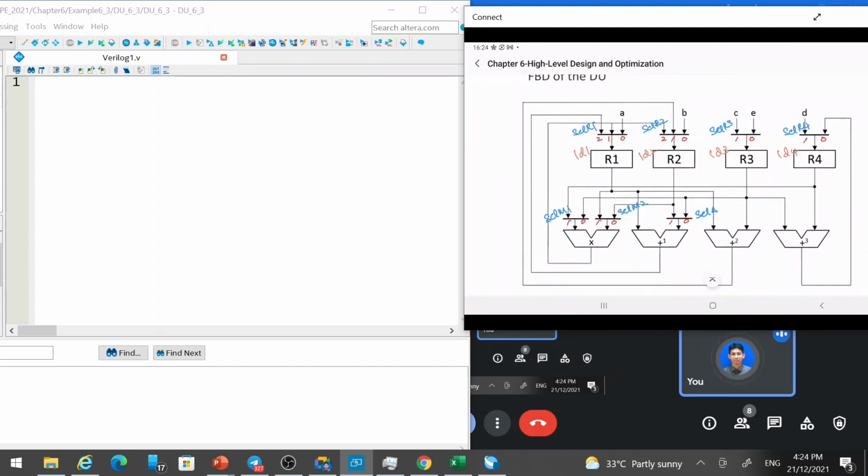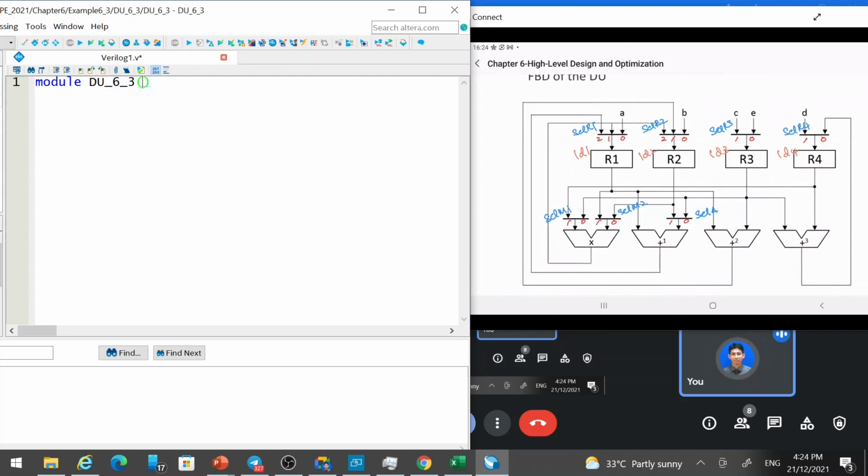Yeah, we need this one. Okay, let's write the code: module, and this is the name of our design.